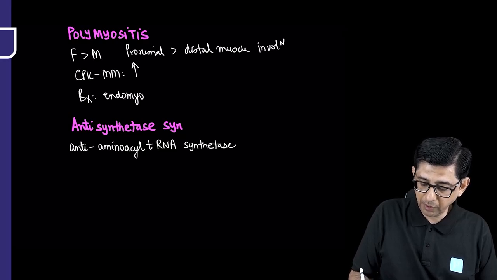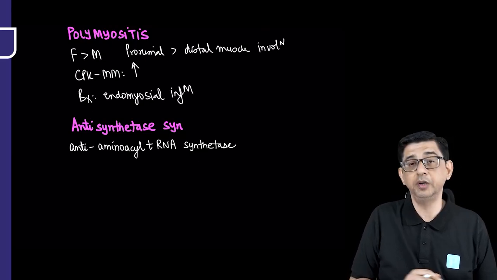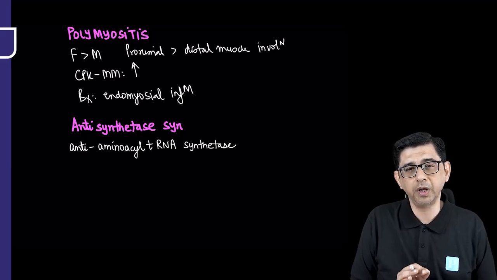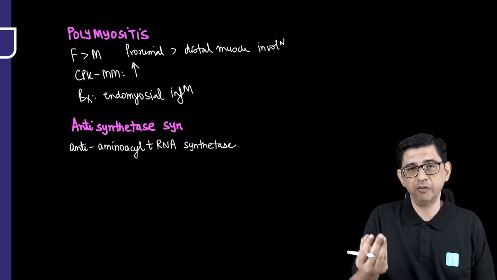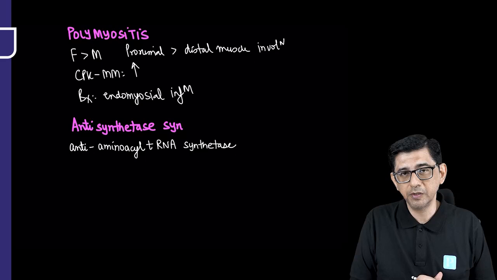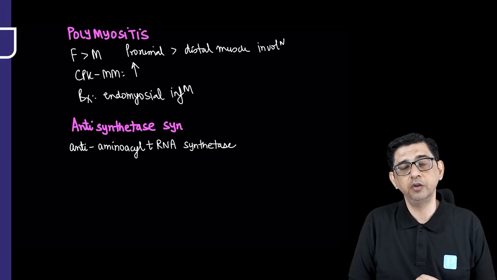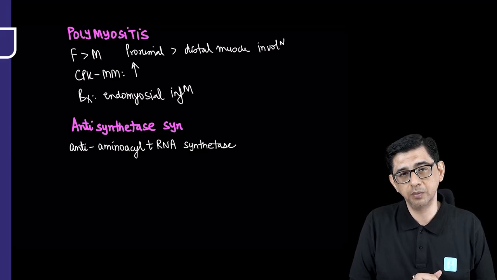Now, we have to compare all these findings with that of anti-synthetase syndrome, where a very peculiar pickup word in the MCQ will be given, that is mechanics hands. Just like a car mechanic's hands would have cracks present, that's because of contact with engine oil and abrasives and all the hard work that they're doing. You will notice that in anti-synthetase syndrome also, the lady would be having cracks on her hands, which would be referred to as mechanics hands.